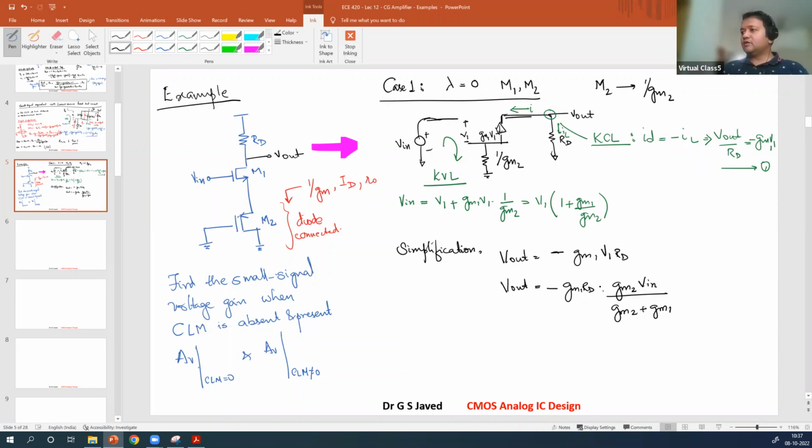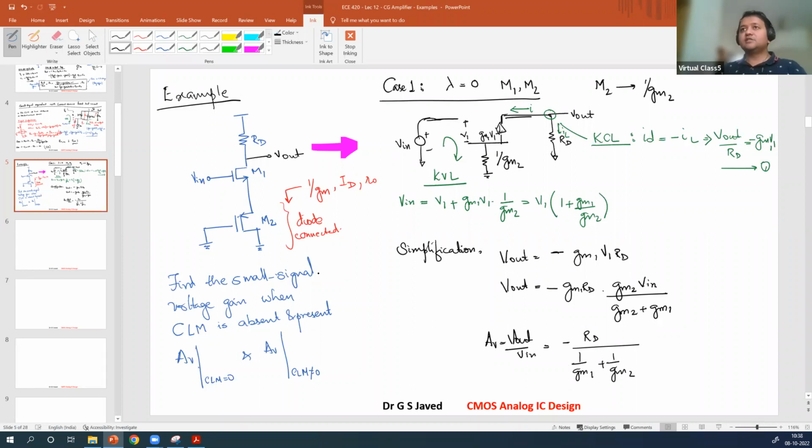Now, if you take V out over V in, we'll get the gain. AV is equal to V out over V in equal to minus RD divided by 1 over GM1 plus 1 over GM2.